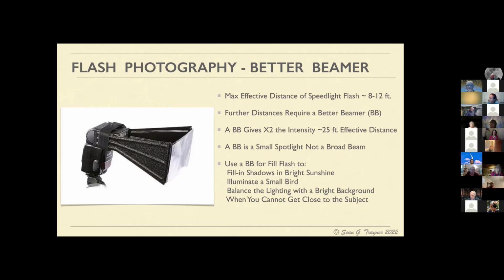But a better beamer gives you a small spotlight. It doesn't give you a broad beam. And it's very effective to fill in shadows in bright sunshine, to illuminate a small bird, or to balance the lighting with a bright background when you can't get close to the subject.